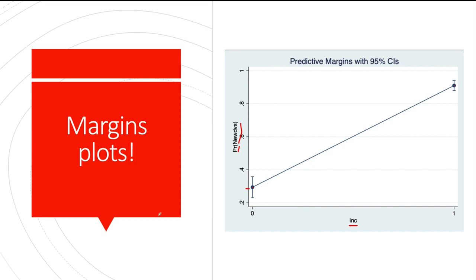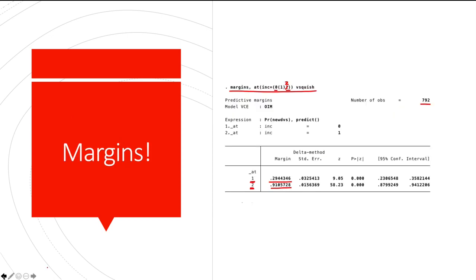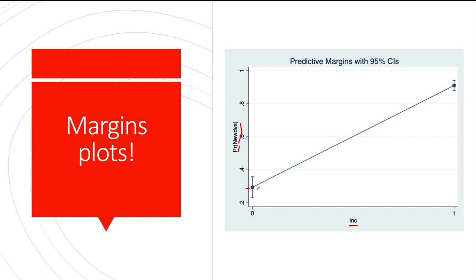So it's telling me the same thing that I saw in the previous margins. The numbers here are a little messed up, but you get the idea, right? 29%, roughly 30% to 90%. That is a pretty big impact, right? And at either end right here, as you can see this little part right here, that's my confidence interval. So my confidence interval around this higher prediction is pretty small, which means that I would expect the true population parameter to be somewhere inside here.